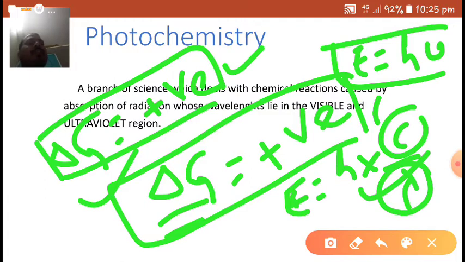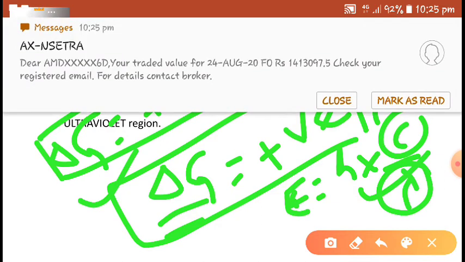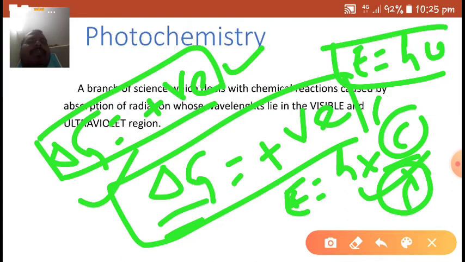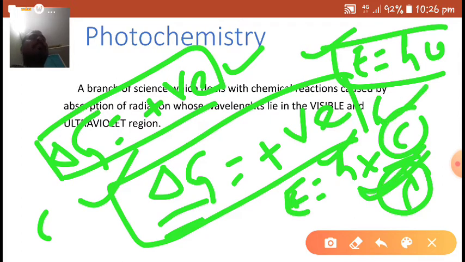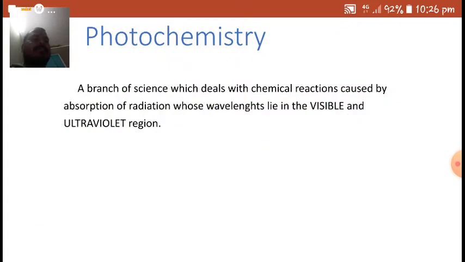So the absorption of radiation is always quantized. Here h is Planck constant, c is the velocity of light, and lambda is the wavelength of the radiation.